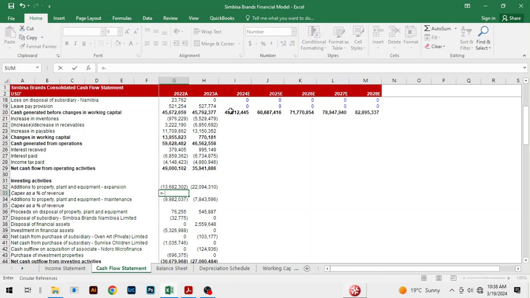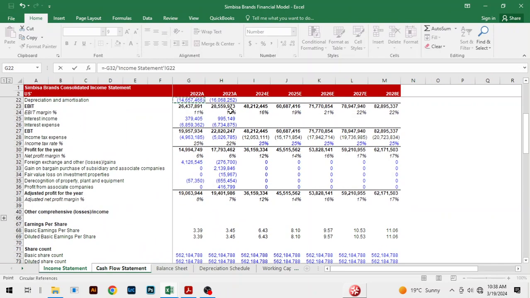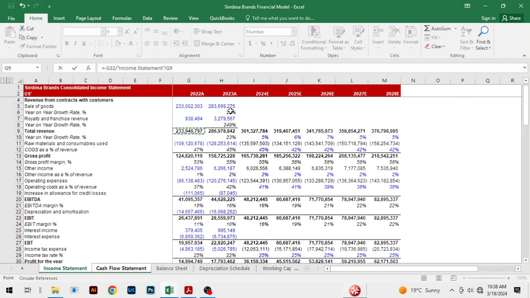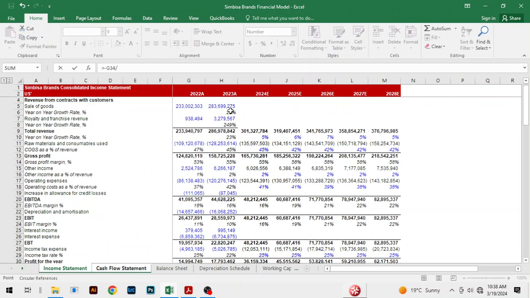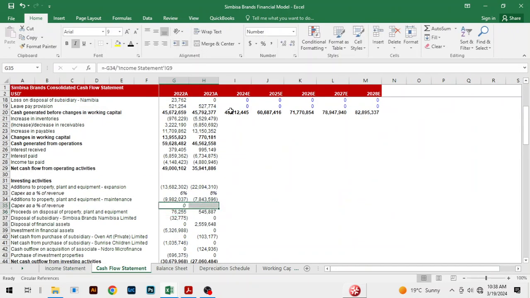So here, let's just divide that by revenue for 2022. So we divide that, and here we do the same. We divide that by 2022 revenue, and then we just do the same.